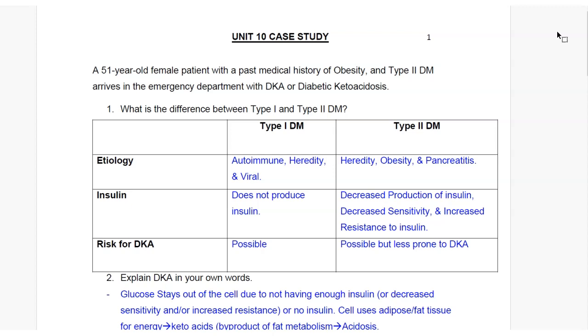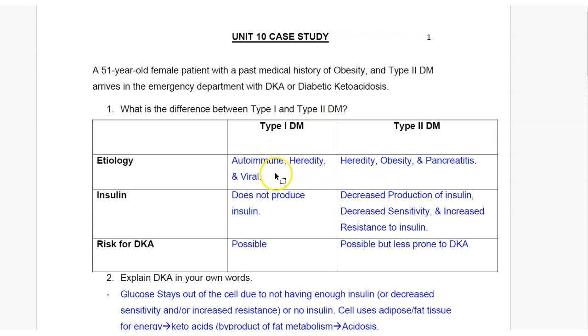So, first question, what is the difference between type 1 and type 2 diabetes mellitus? Etiology, meaning the cause. For type 1 diabetes, it is commonly autoimmune, hereditary, or viral, right? Autoimmune is when the body's immune system is attacking itself.